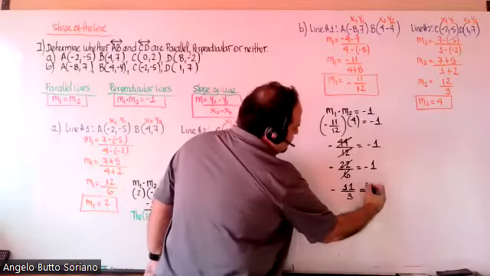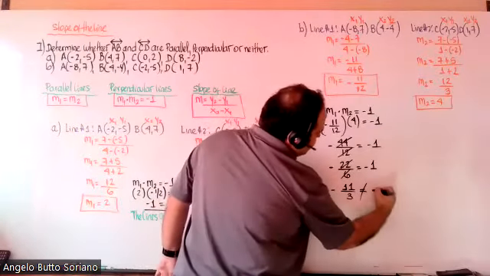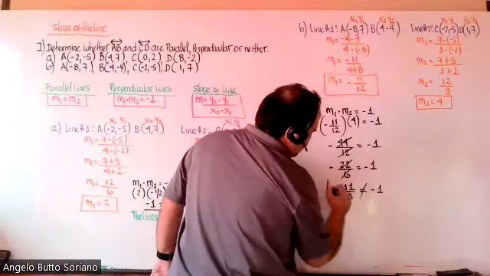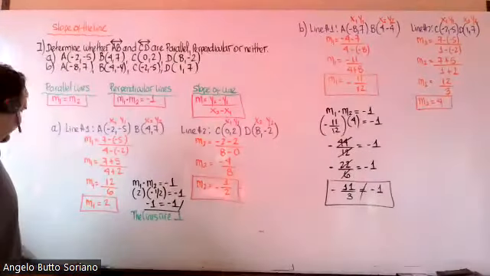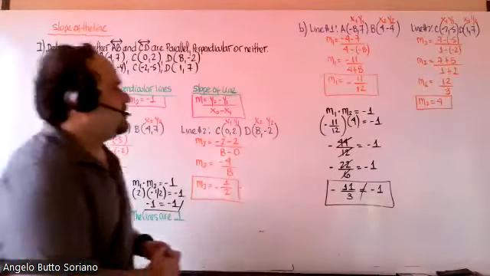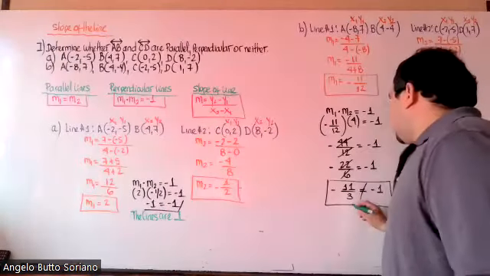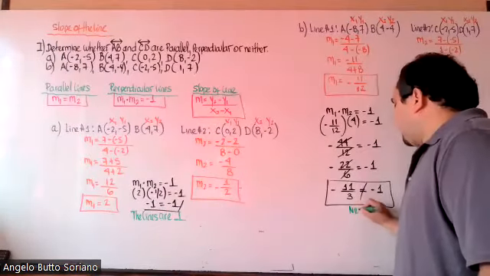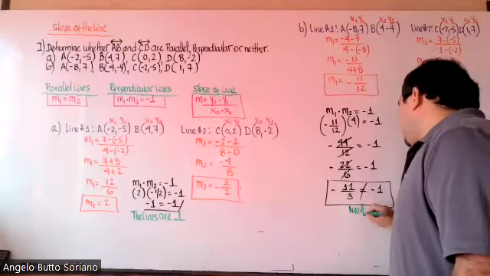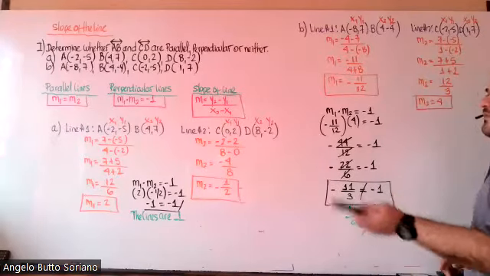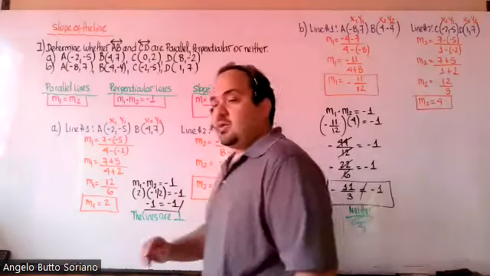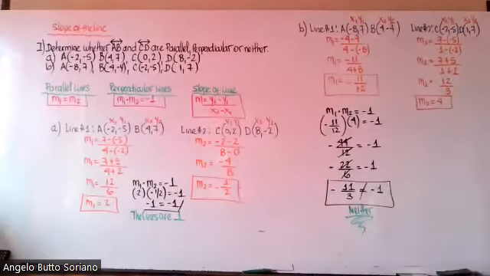As you can see, negative 11 thirds is totally different than -1. So what is the answer for this question? Neither, because it doesn't accomplish the first condition and neither the second condition.